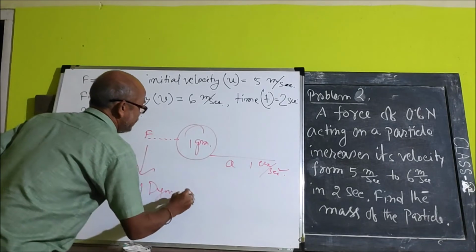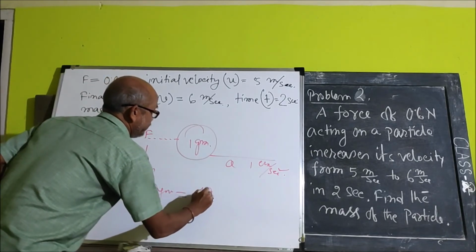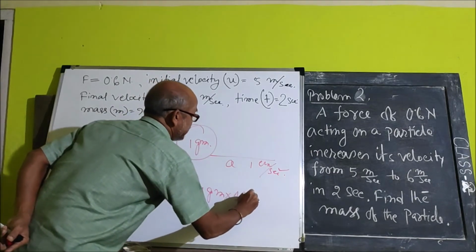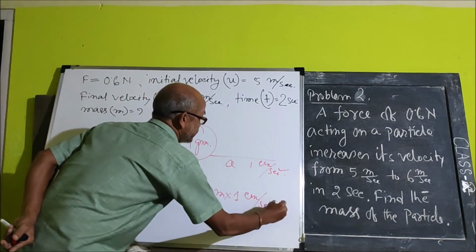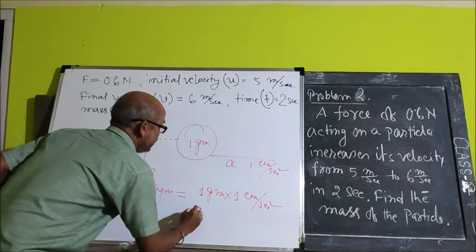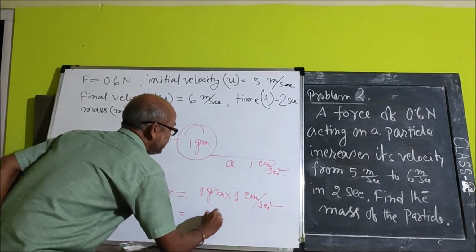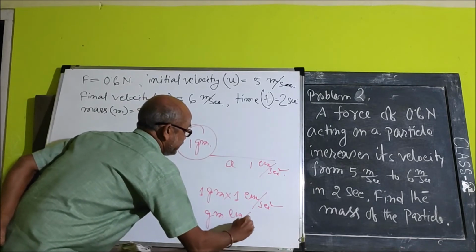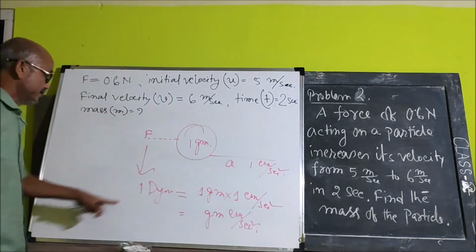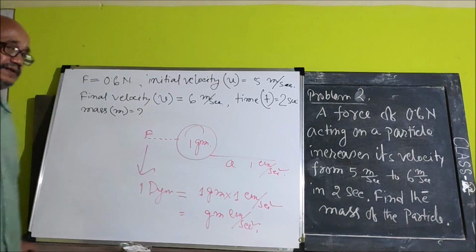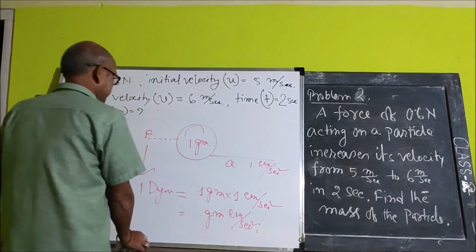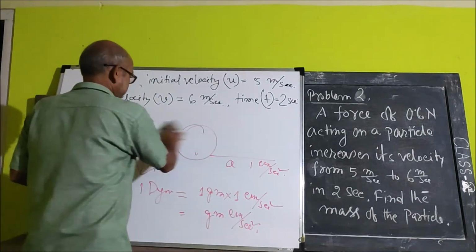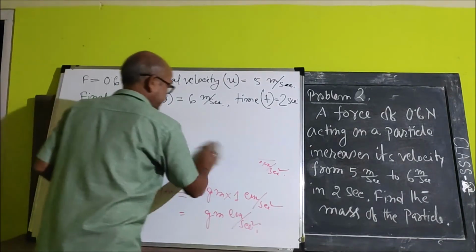So 1 dyne equals 1 gram into 1 centimeter per second square. That means gram centimeter per second square is the unit of 1 dyne. Now we solve this one applying dimensions.